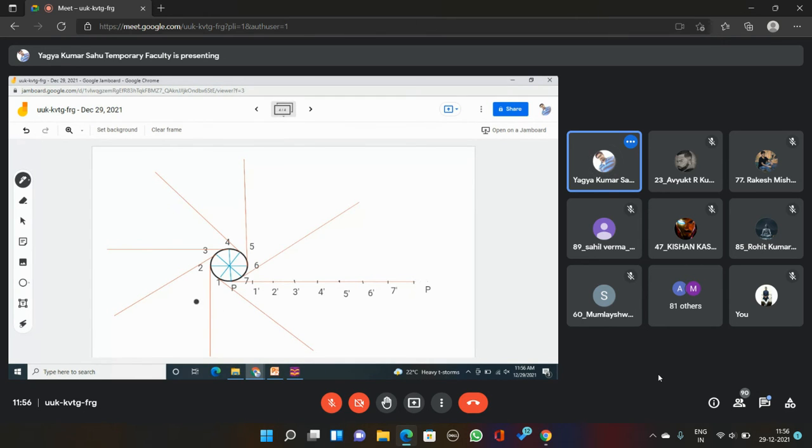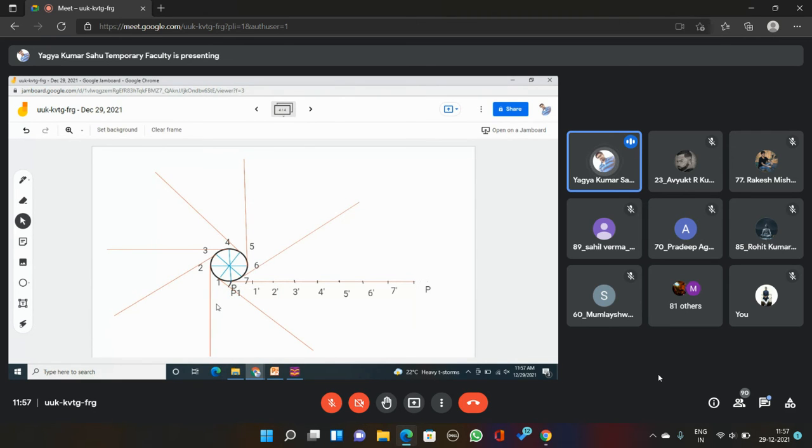Next, considered 1 as a center, P1 dash radius, draw arc. So you'll get arc like this. Yes or no? Yes, sir. This will be a point P1.